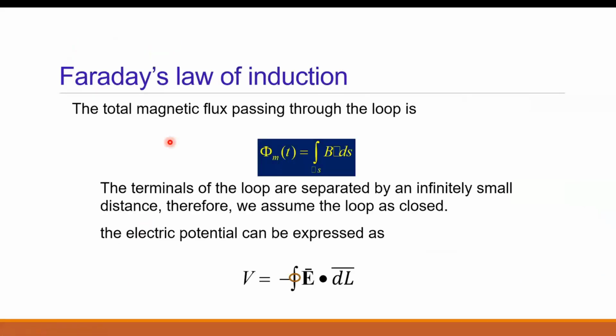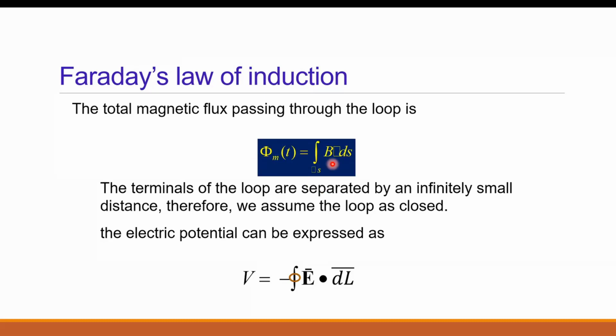What is B bar? B bar is the magnetic flux density. dS bar is the surface area. It means flux in a magnetic field is equal to the surface integration of magnetic flux density multiplied by the area through which the flux is crossing.